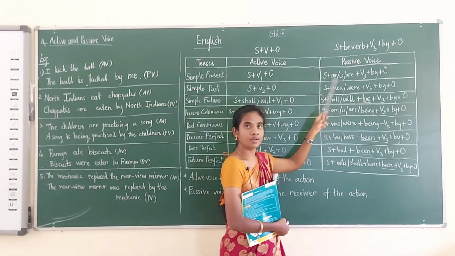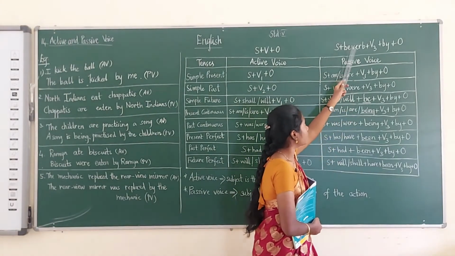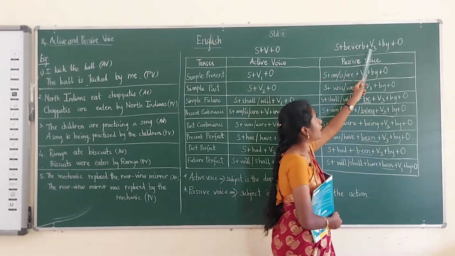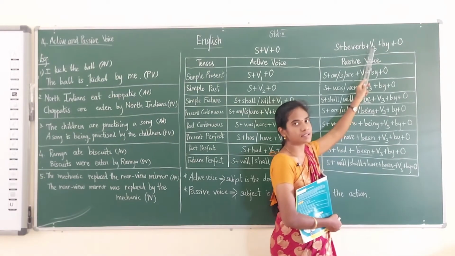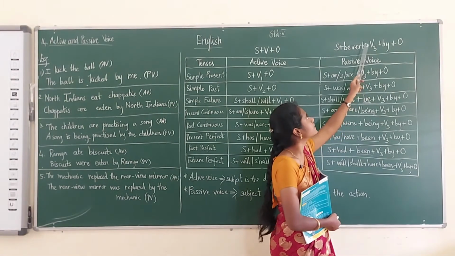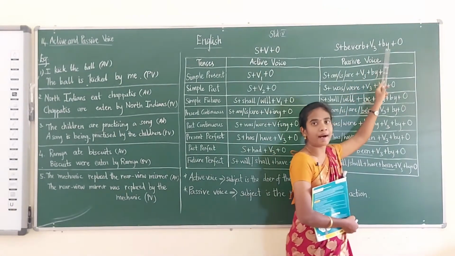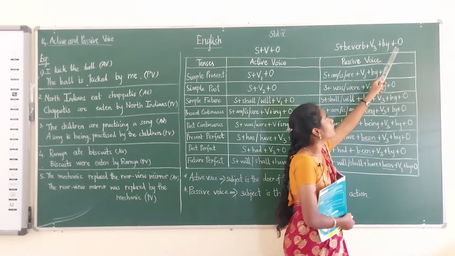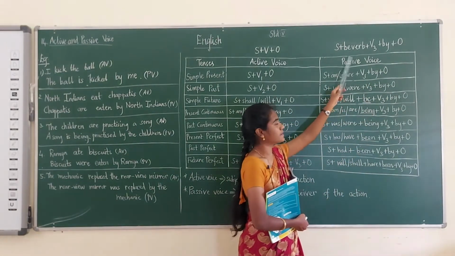You have to include these according to the sentence in the active voice. Then after the be verb, you have to write the past participle form of the verb, that is the V3 form. Then after that you have to put by. Then next you have to write down the object. Okay, so this is the structure of the passive voice.